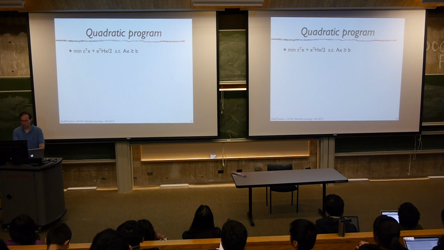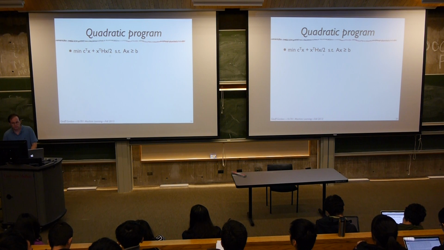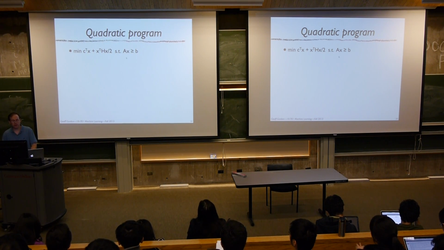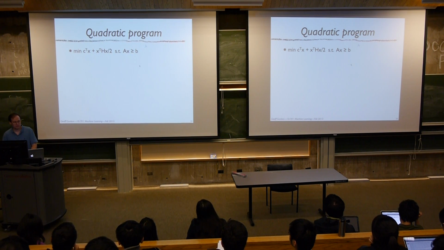All right, and probably the last thing we'll have time to do today is duality for quadratic programs, right? So quadratic programs are just like linear programs, only slightly harder. Here's a generic quadratic program, right? Minimize a quadratic function of x subject to linear inequality constraints. So we're going to get a vector of Lagrange multipliers lambda, right?